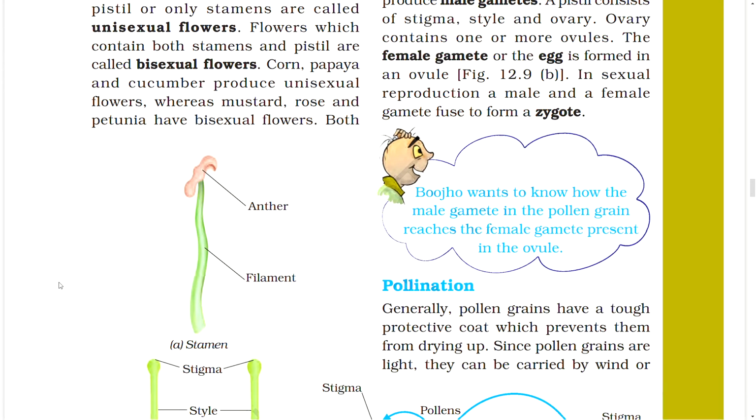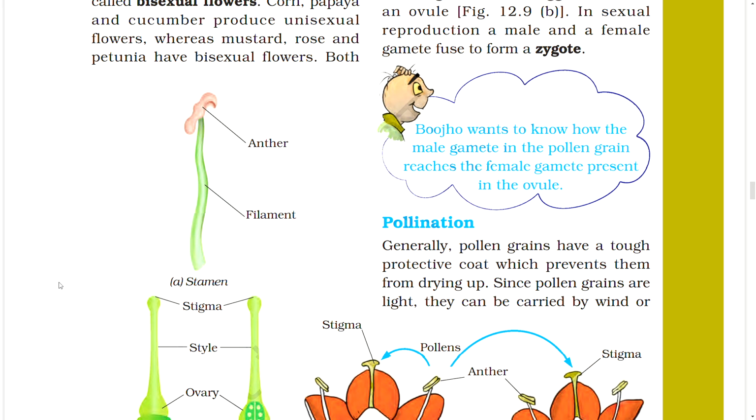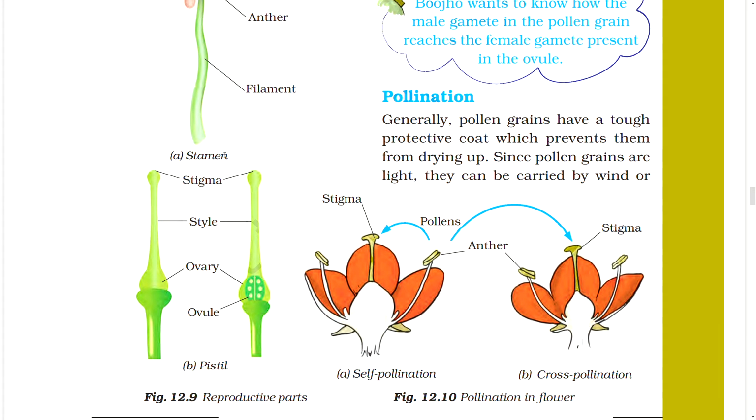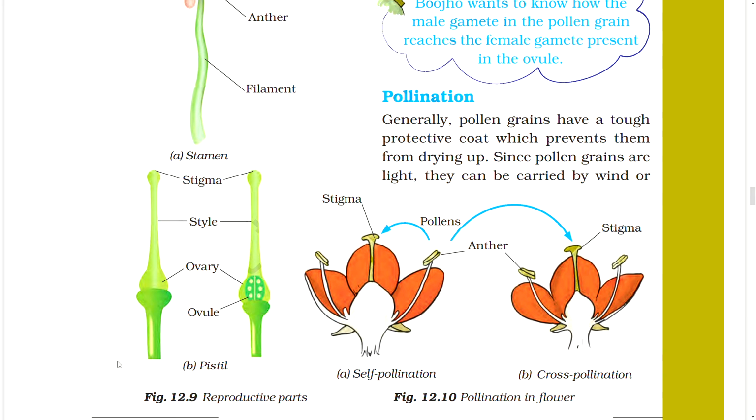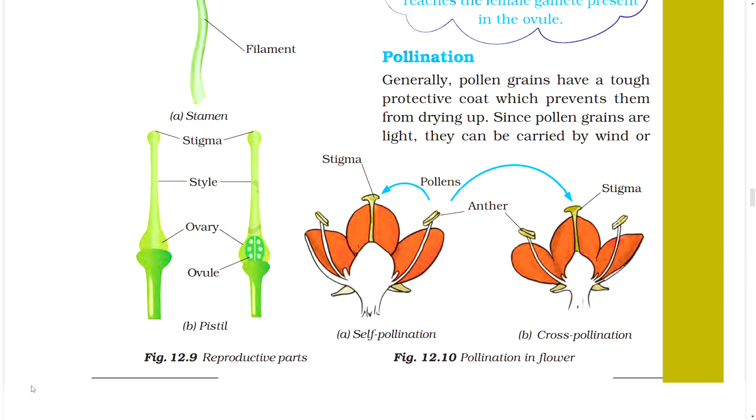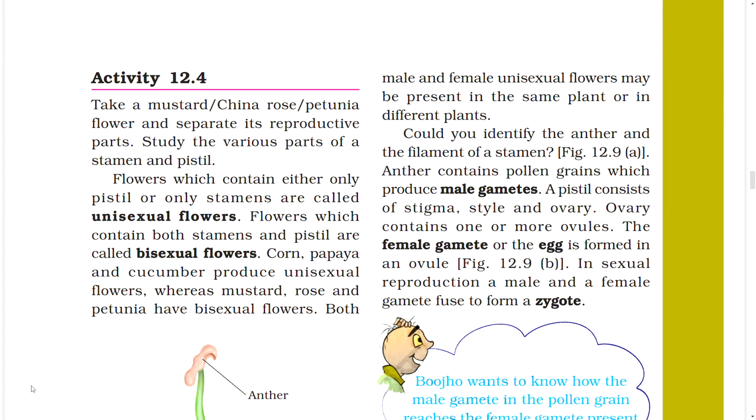Figure: reproductive parts, anther, filament, stamen; pistil, stigma, style, ovary, ovule. Male and female unisexual flowers may be present in the same plant or in different plants.